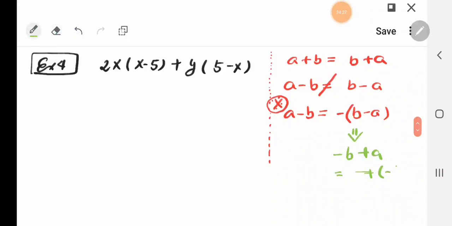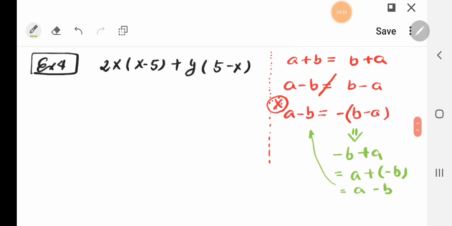This is plus, so you can switch using the commutative property, you can switch a and minus b. Then this is equal to a minus b, which is the same as the original one. So this is true. So whenever we have a binomial where the first term and second term are switched, for the subtraction, then we can put the negative sign.